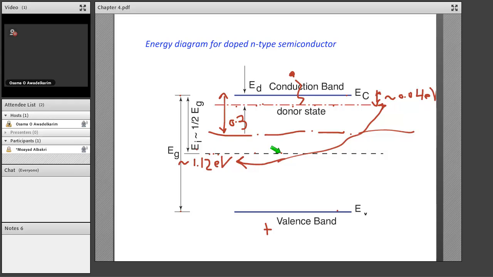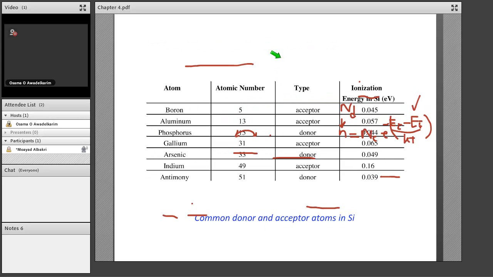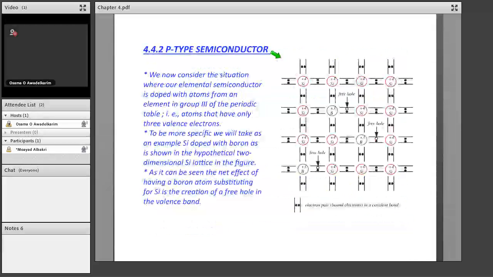Now, in an n-type semiconductor, you have more electrons than holes, so the Fermi level, since it's a statistical level, goes nearer to the conduction band, in the top half. So that's the outcome. Now, similarly, you can do the opposite process.